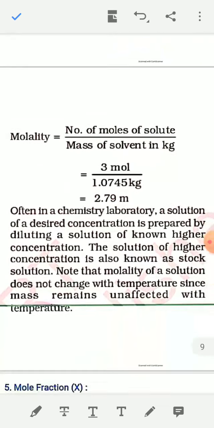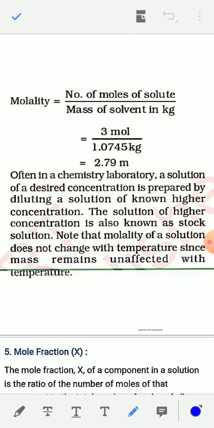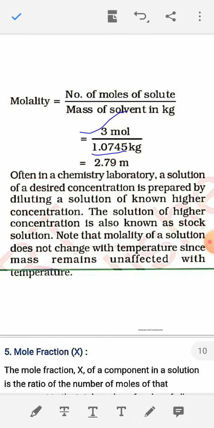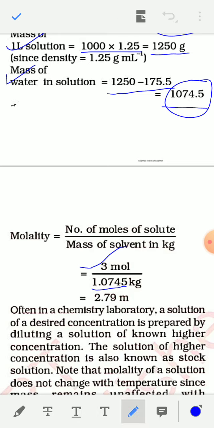So molality of the solution is number of moles of solute divided by mass of solvent in kg. 3 mole of solute is present and the mass of solvent, in kg, is 1.0745 kg. In grams it is 1074.5 gram, but in kg the mass of the solvent, that is water, is 1.0745 kg. So now the molality of the solution is 2.79 molal.